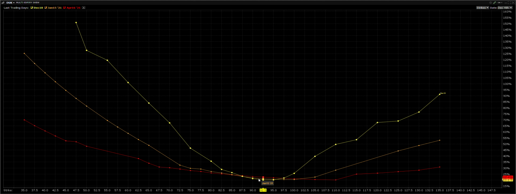You're already on the underlying, so you're looking at these, and you go, well, April, it's not much difference here, but it does trade at a higher implied volatility than January, December. So of course, if you're selling something with a higher implied volatility, all else equal, that's a real good thing.